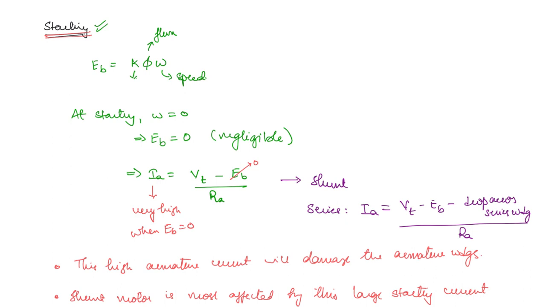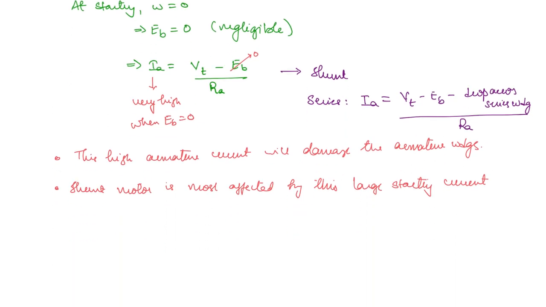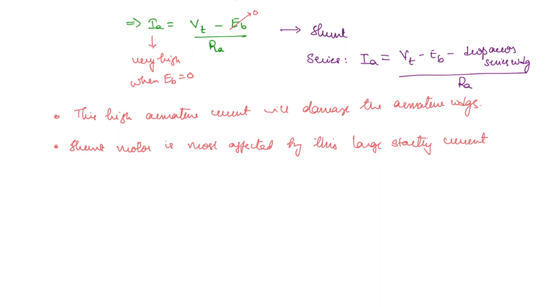So now this problem can be solved by using low voltage at the starting. That means this Vt, the terminal supply voltage that you are going to give, if you give less amount of voltage, okay, and then you slowly increase it, then the current will also slowly increase instead of drawing too much high current. Okay.